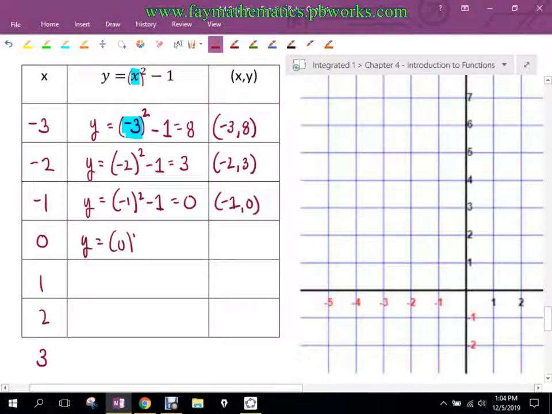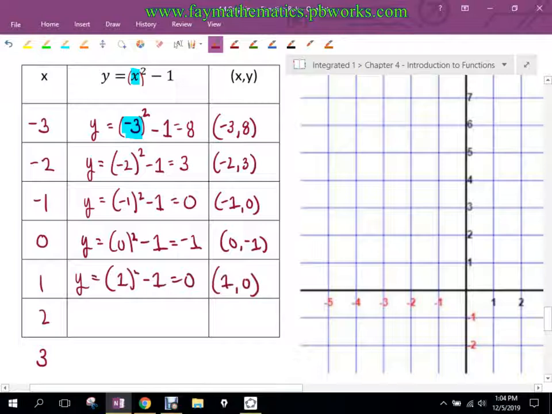So what's 0 squared? 0 minus 1 is -1. So 0, -1. Plug 1 in. What's 1 squared? 1 minus 1, 0. So I go 1, comma 0. Y equals, plug 2 in. What's 2 squared? 4 minus 1, 3.